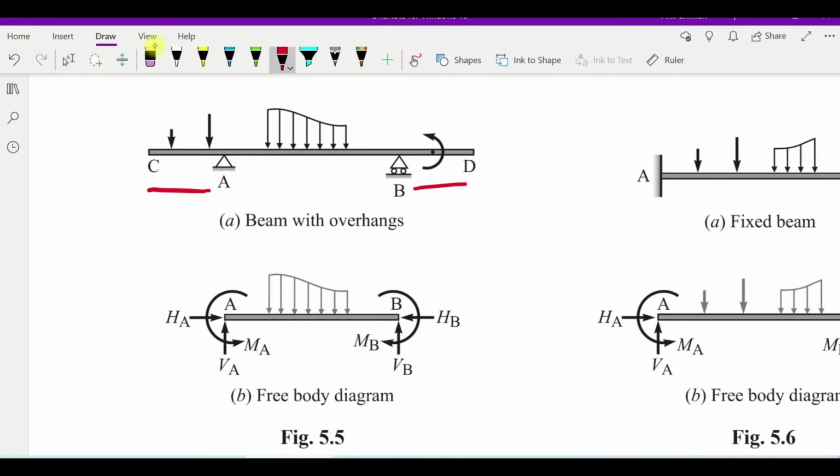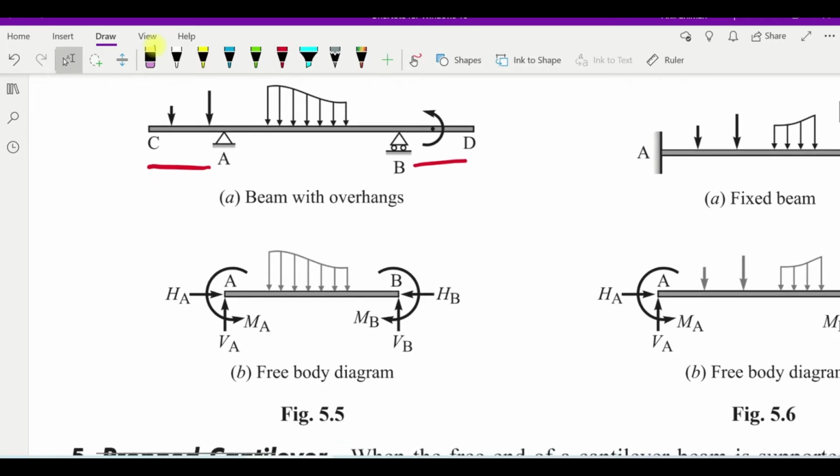MA and MD are the equivalent reactions after we have removed the overhanging portion. This we will learn in the numerical examples, which will come afterwards. So this is the free body diagram of the beam after removing the overhanging portion and the support.